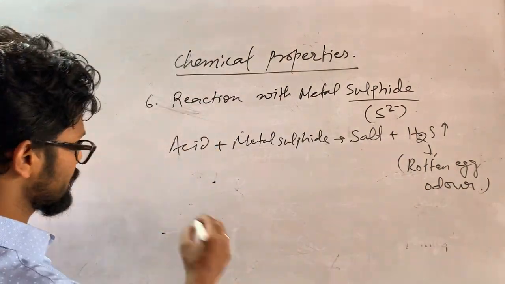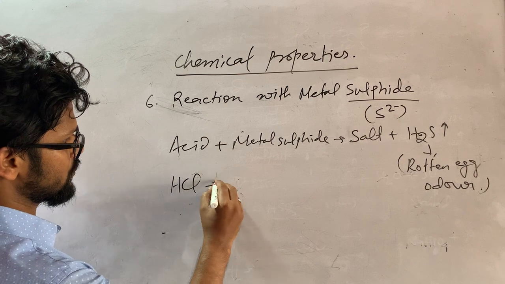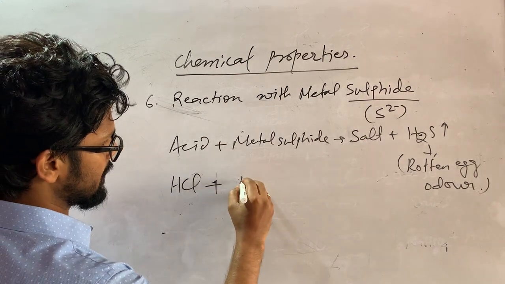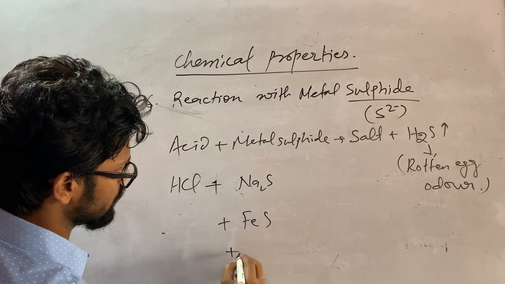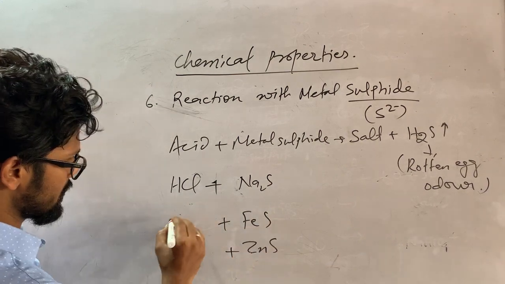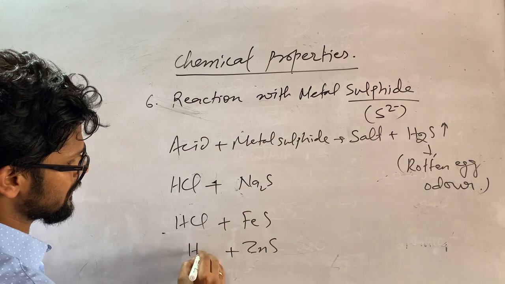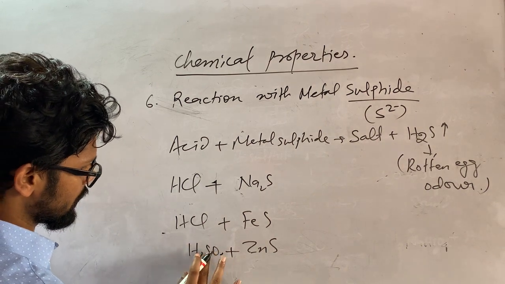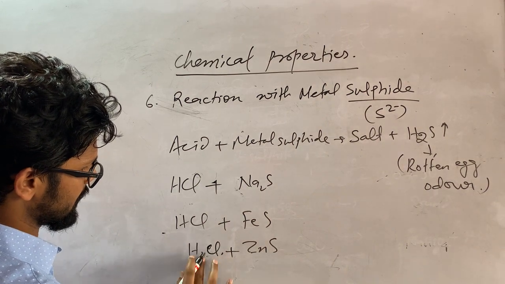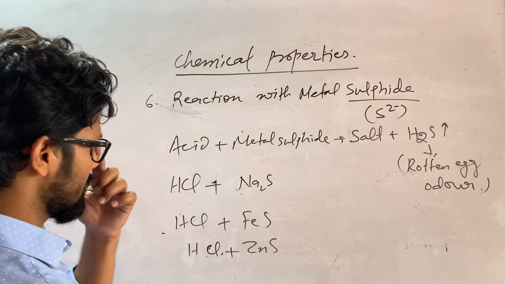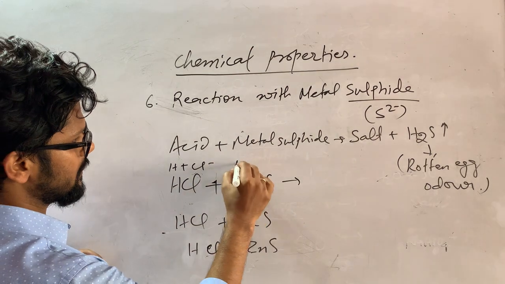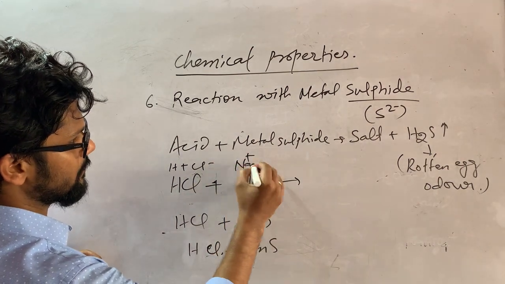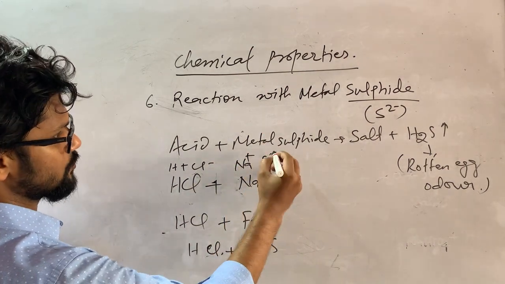Okay, reaction, one example I am taking, rest you have to practice. You can take Na2S, you can take FeS, you can take ZnS, with HCl or any other acid. Now the same method, break into ions, H plus and Cl minus, and S2 minus.